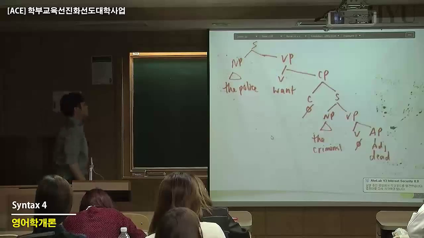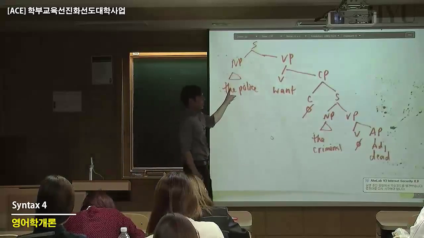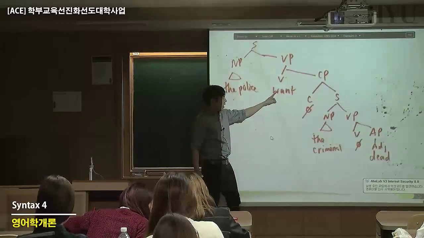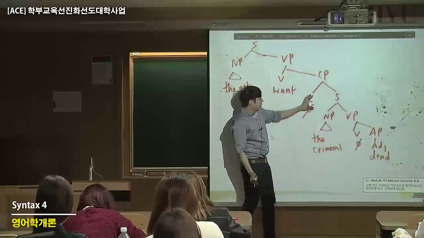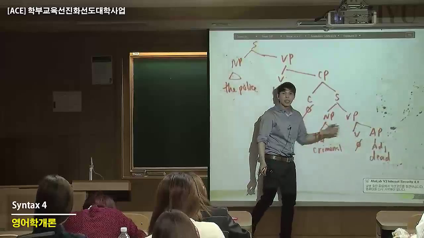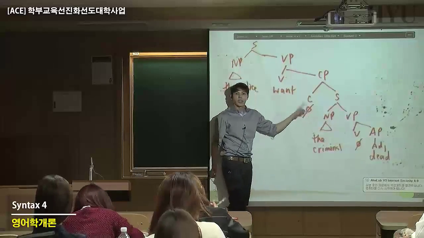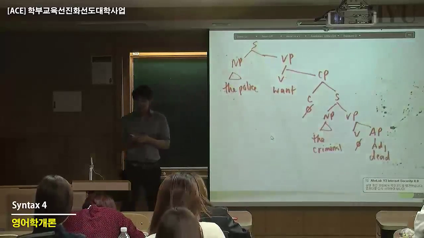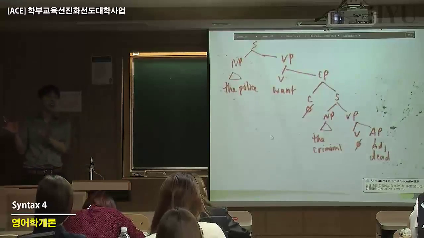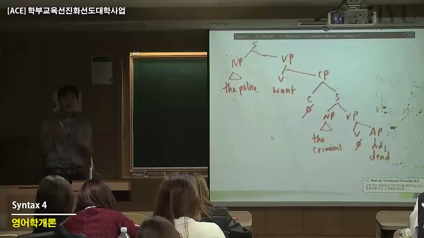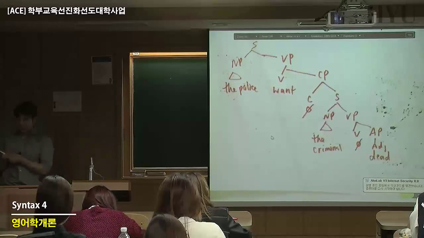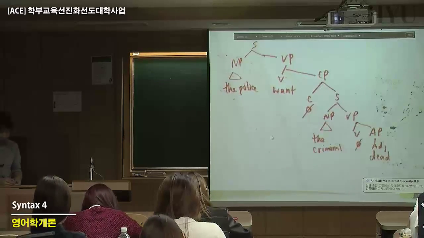Right? So it's got to be like "the police want," right? And then "the criminal," and then "dead" is the adjective, like that. With the C unfilled and with the V unfilled. So this is what we call silent syntax, okay? Silent because theoretically speaking, it's there, but it's just not pronounced. It's just unfilled.